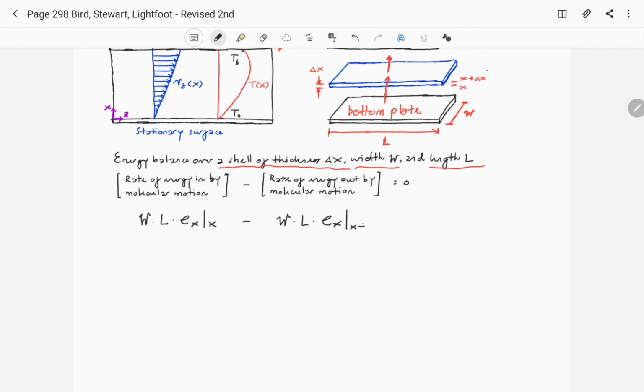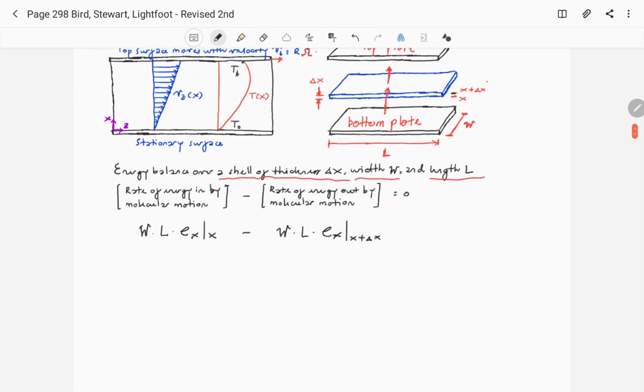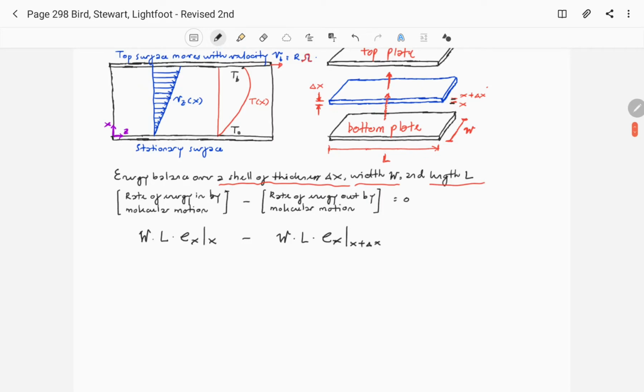The one that is in is evaluated at x, and the one that is out is evaluated at x plus delta x.